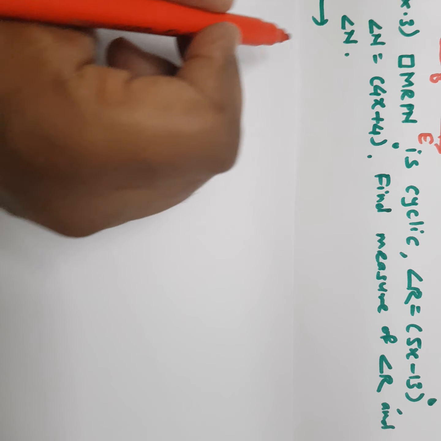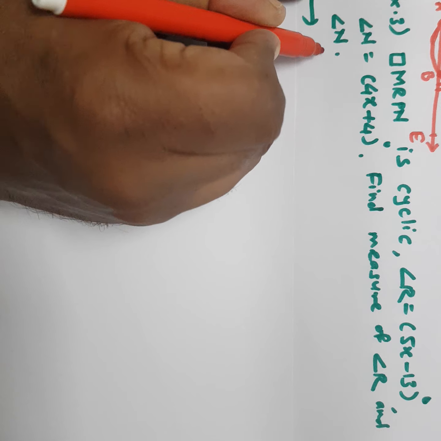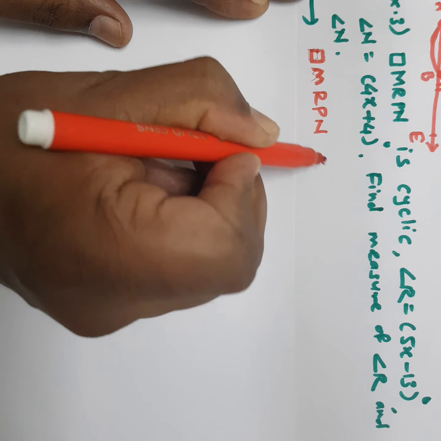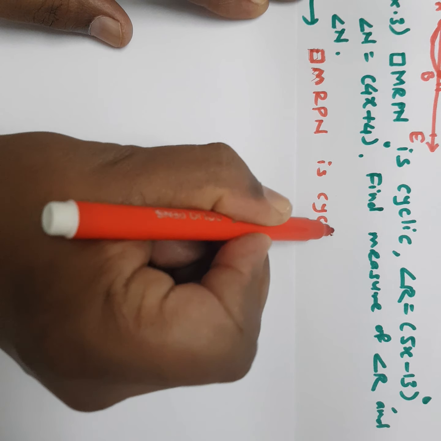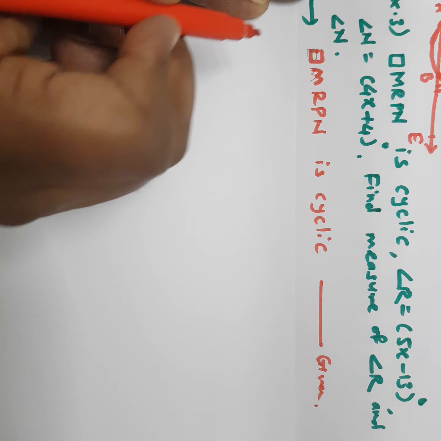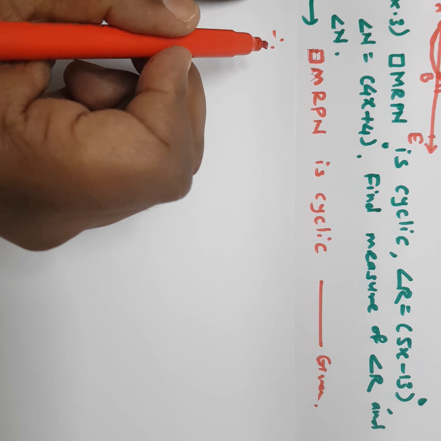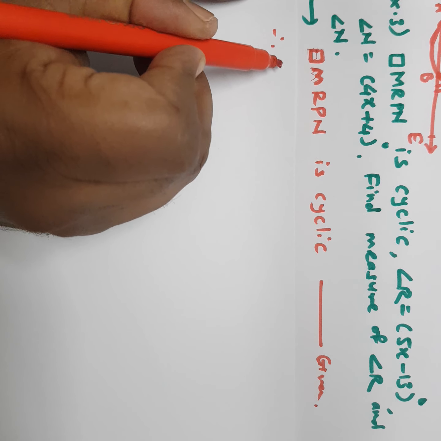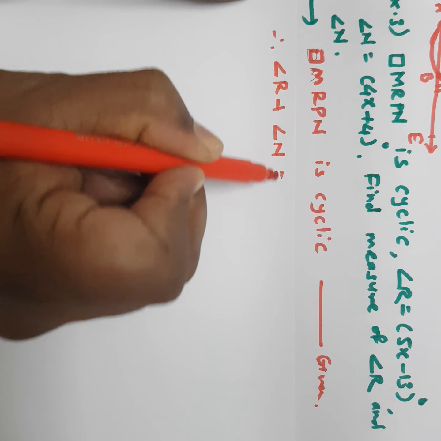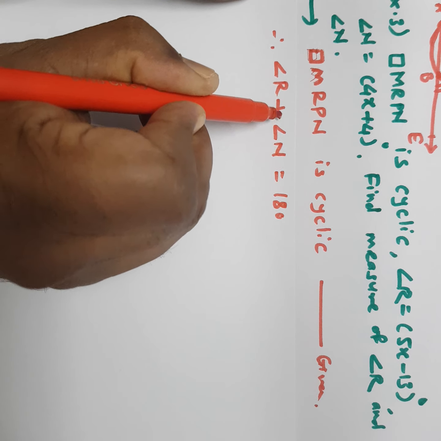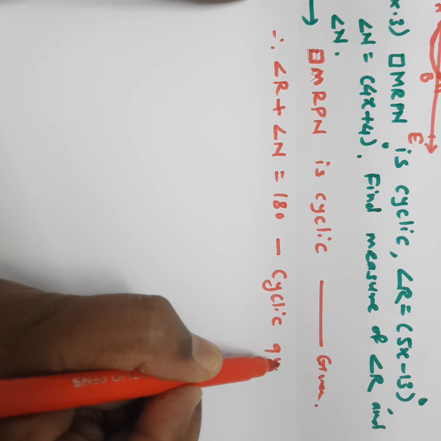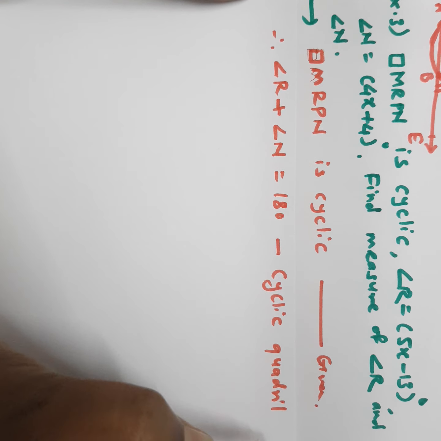Here quadrilateral MRPN is cyclic. Therefore, angle R plus angle N is equal to 180 degrees, by the cyclic quadrilateral theorem.